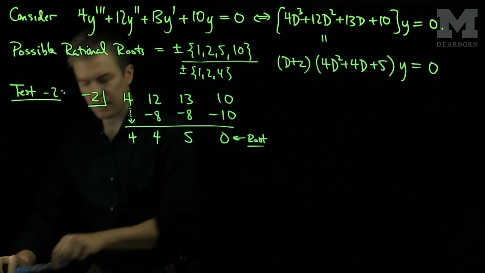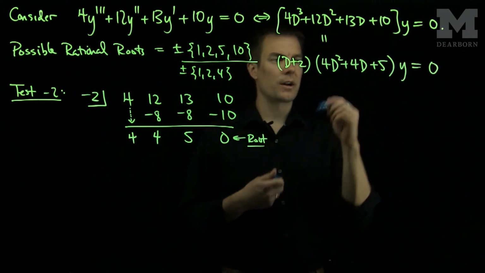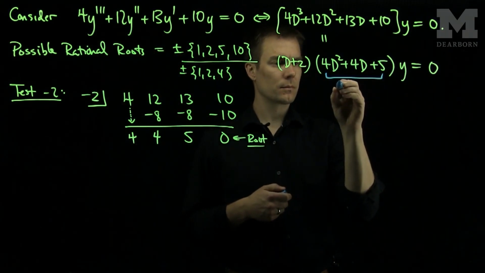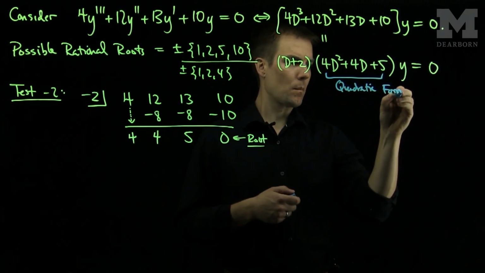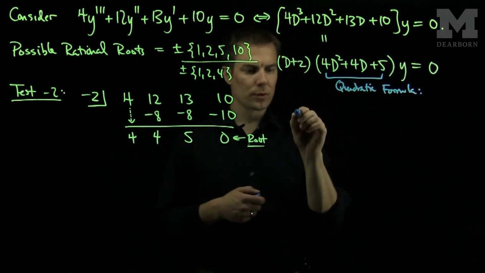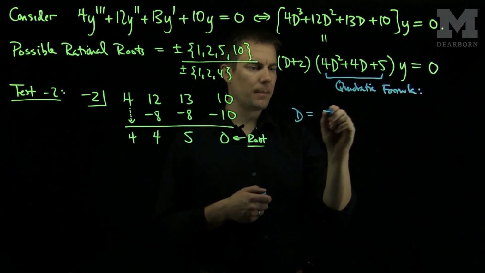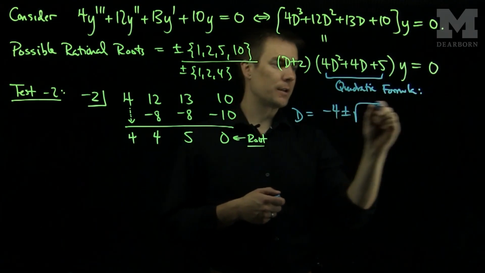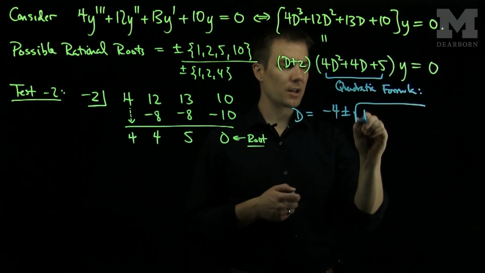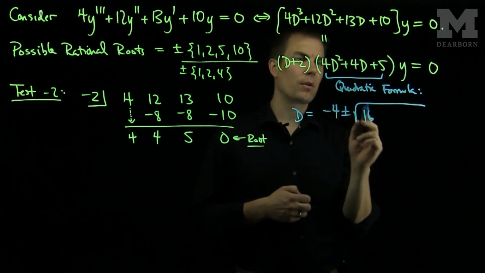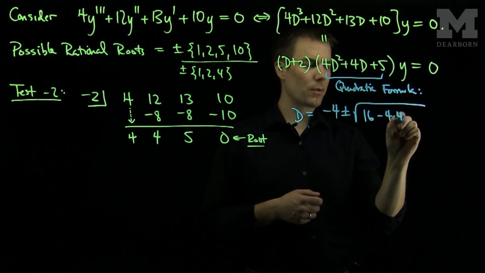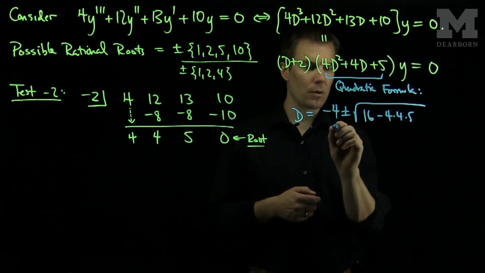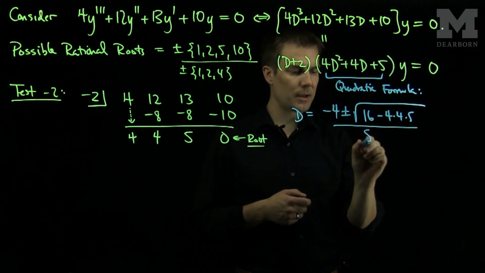We can find these roots by using the quadratic formula, which will tell me that D equals -b, -4, plus or minus the square root of b squared, so that'll be 16, minus 4ac, so I have minus 4 times 4 times 5, all over 2 times a, so that'll be 8.